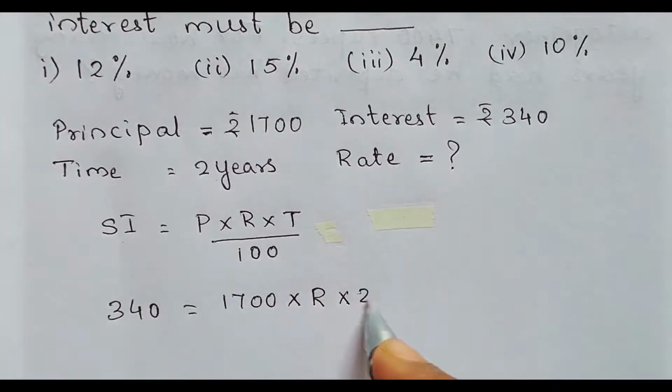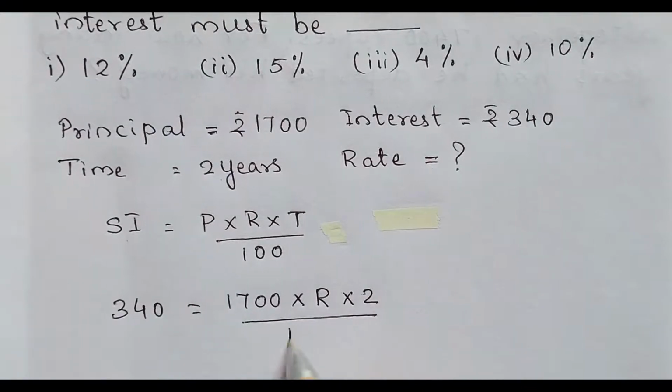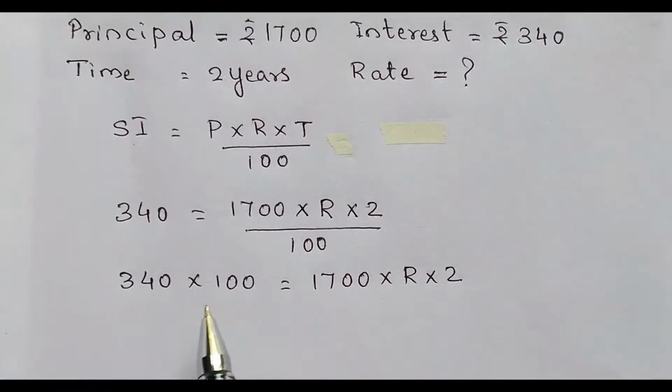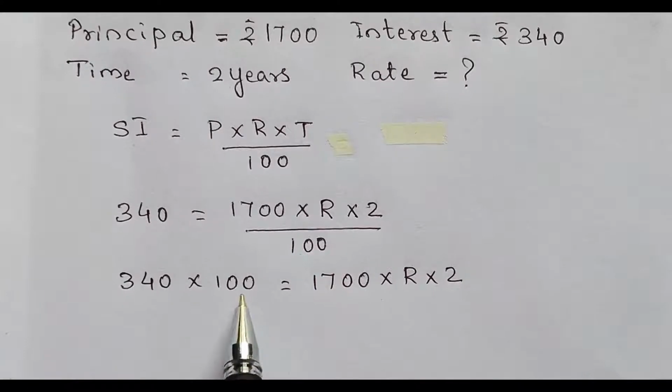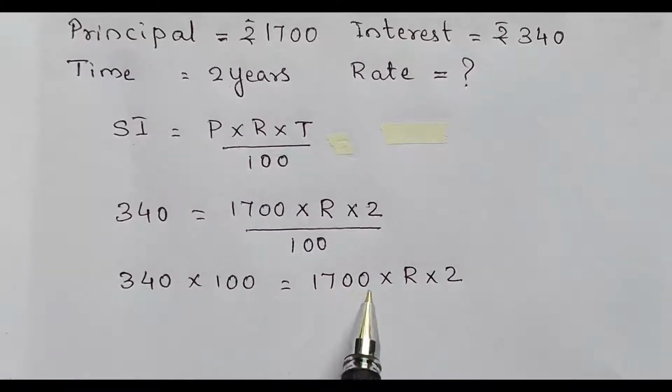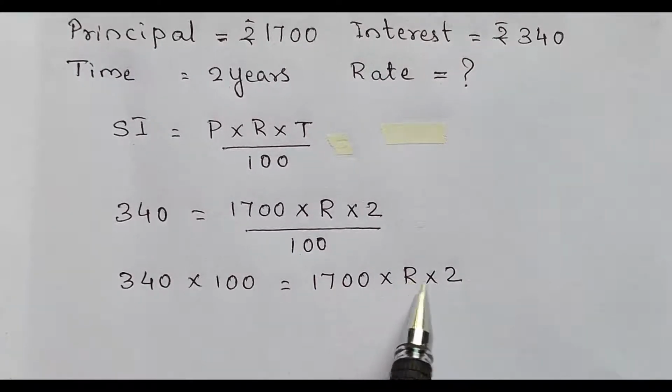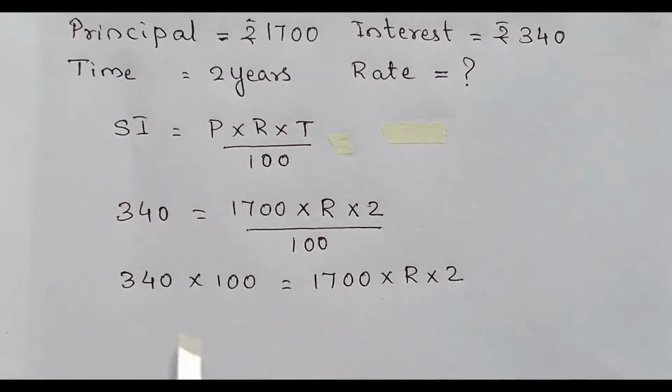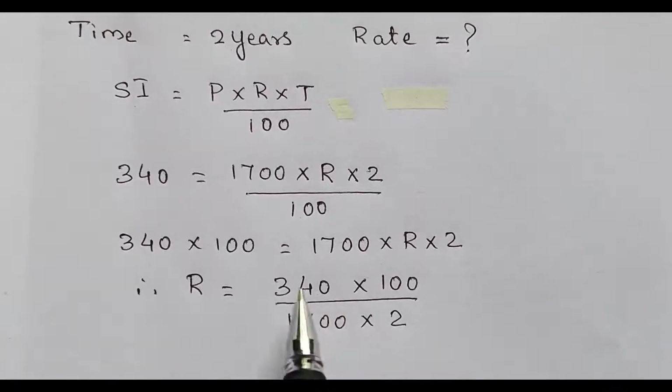Time is 2 years divided by 100. So cross multiplying we get 340 multiplied by 100 is equal to 1700 multiplied by R multiplied by 2. So we get R is equal to 340 multiplied by 100 divided by 1700 into 2.